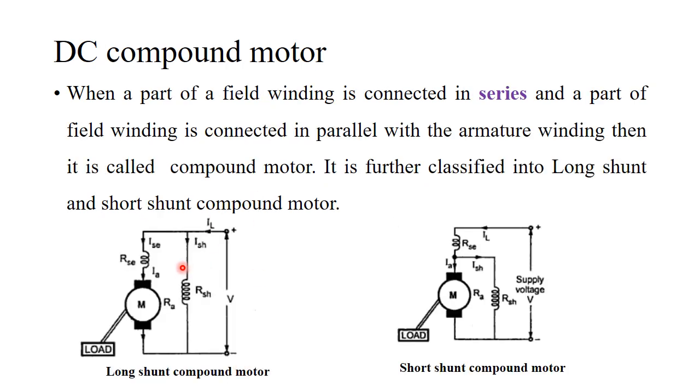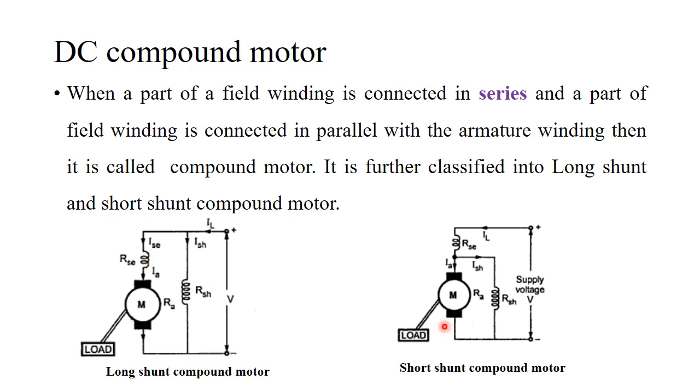Compound motor. Here you can see the part of the field winding is connected in series with the armature, and the part of the field winding is connected in parallel to the armature. Hence it is called compound winding. Further, it is classified into long shunt and short shunt. Long shunt means the connection will be like this: the shunt field winding is connected across the series combination of the armature and the series field winding.